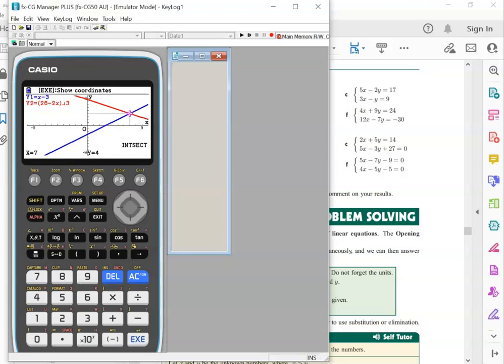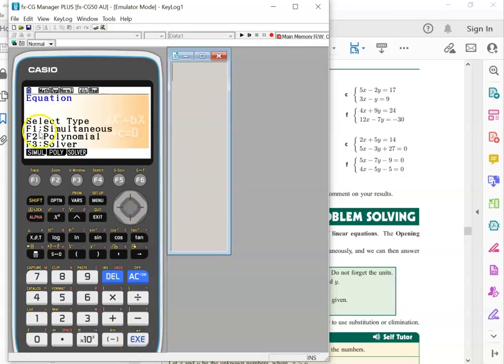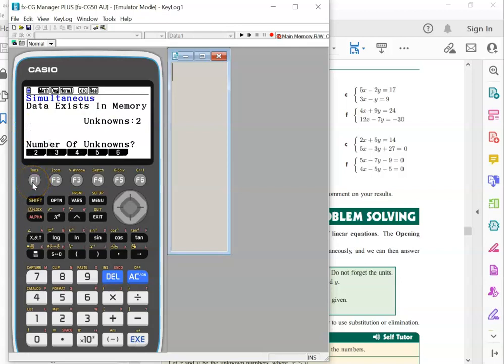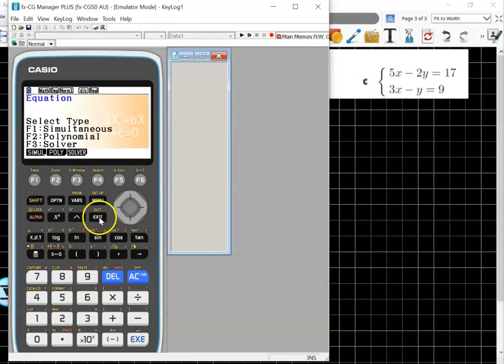Instead of checking the back of the book, can you please grab your calculators? All right, you go into equation. We have simultaneous. Number of unknowns is 2. And then we're popping in our values.